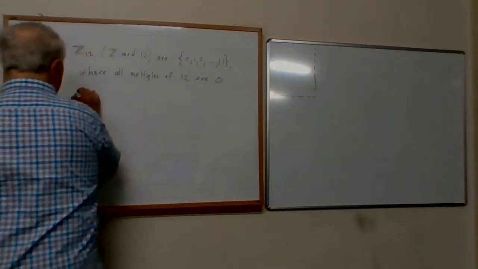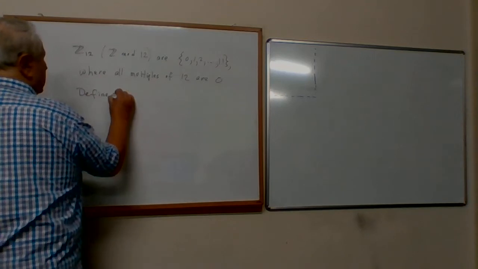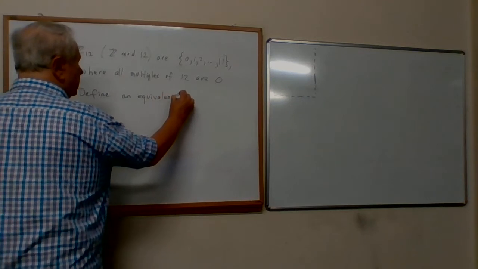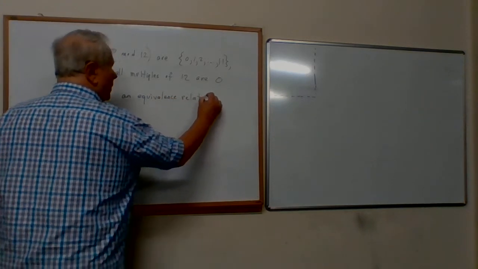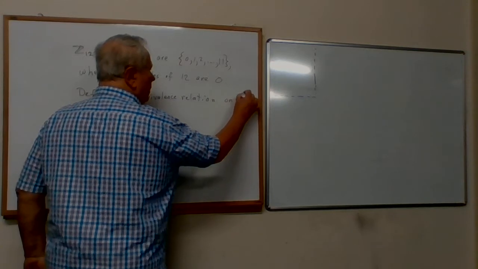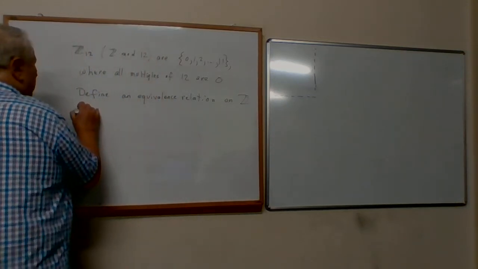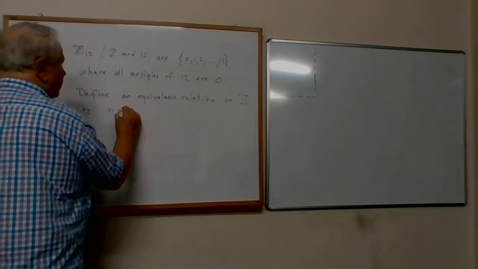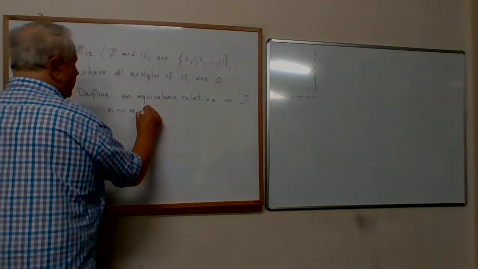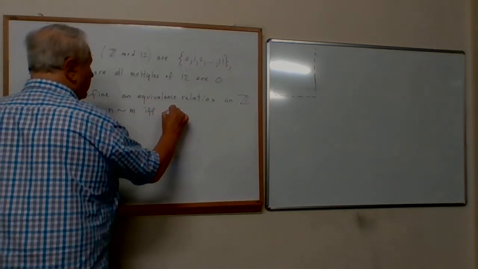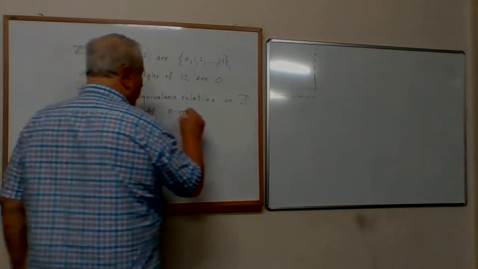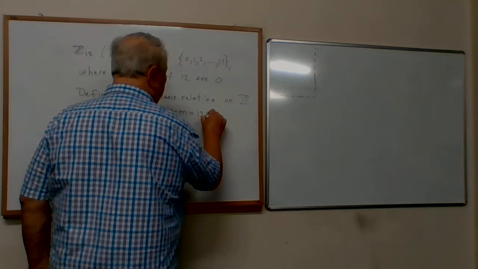We're going to define an equivalence relation on the set of integers by n is equivalent to m if and only if n minus m is equal to 12 times something.